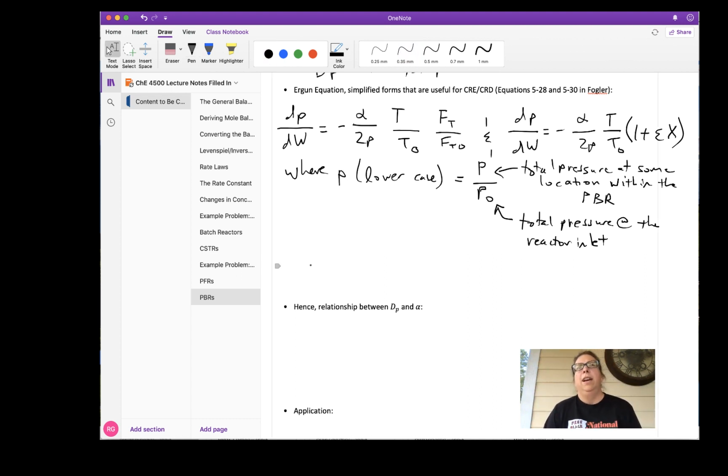So different than in the last case. In the last case, we were looking at the drop in the total pressure. In this case, we've reduced that into the change in the pressure relative to the inlet pressure. So lowercase p here versus uppercase above.